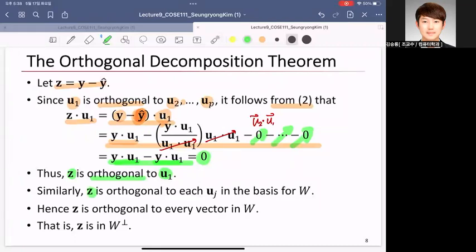Similarly, z is orthogonal to each uj in the basis for W. Z is orthogonal to u2, z is orthogonal to u3, z is orthogonal to up, and so on.